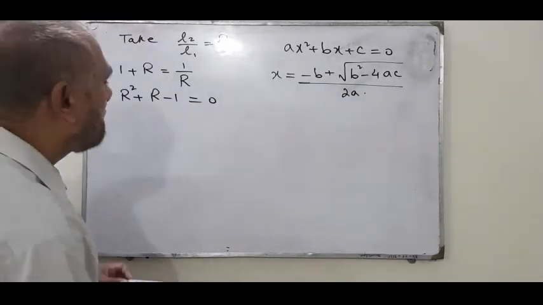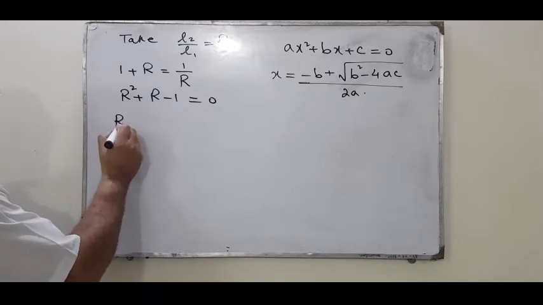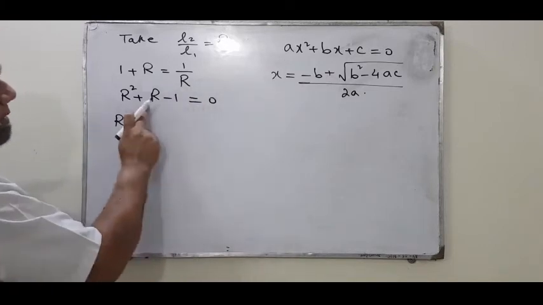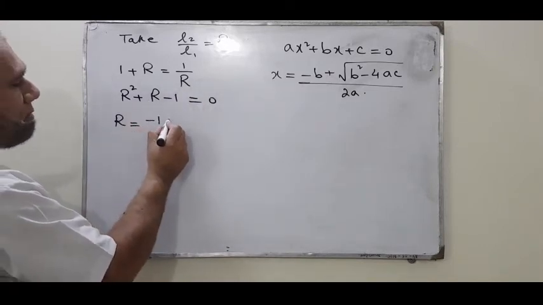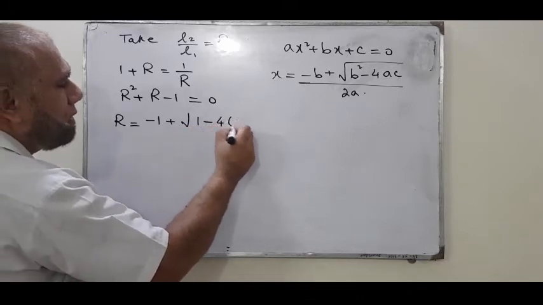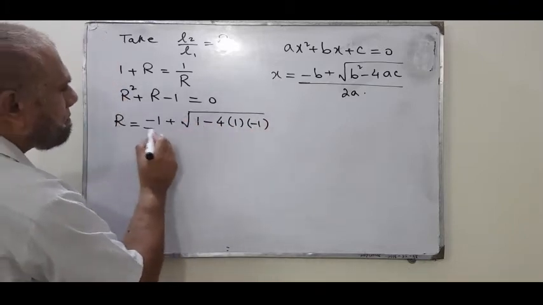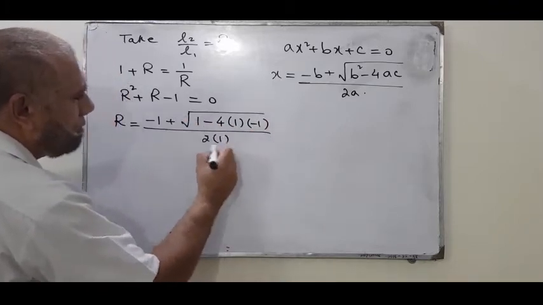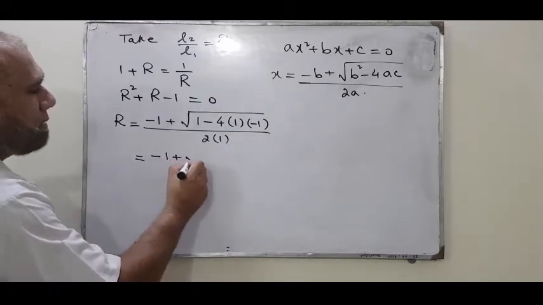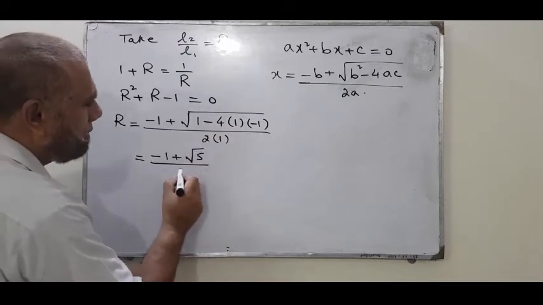So by using this formula, R is equal to, if you make the comparison of these two equations, B is equal to 1 here, so minus 1 plus the square root of B square minus 4AC, whole divided by 2 into A. And then after simplification, 4 plus 1 gives you 5, so R equals minus 1 plus square root of 5 over 2.